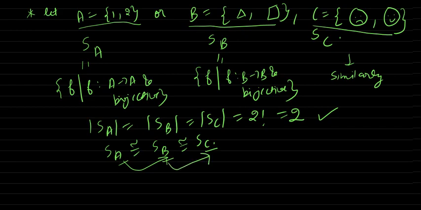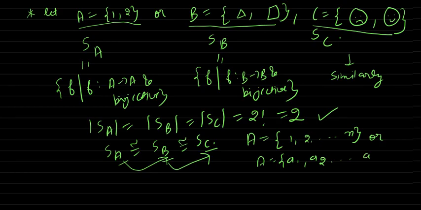So in this matter, we will take the classical convention that A looks like 1 up to n, or A looks like a1, a2, up to an. If I have to say the cardinality of A, then A either looks like 1 to n, or a1 to an. In this way, we fix our chosen set A. We will never take sets like B or C. We will keep things very simple so that we can work on this group.